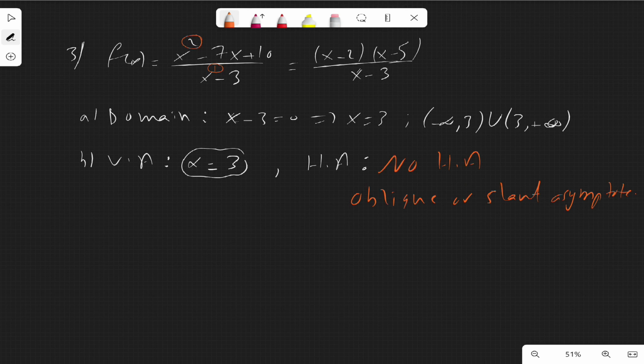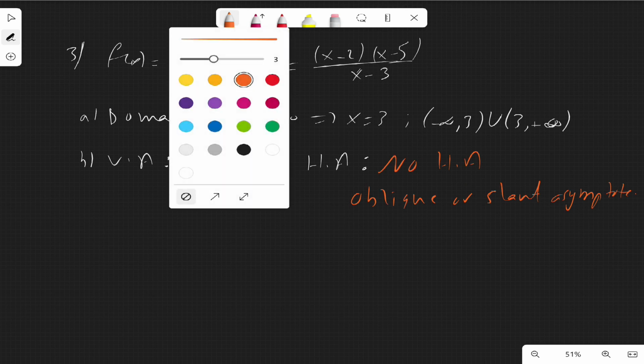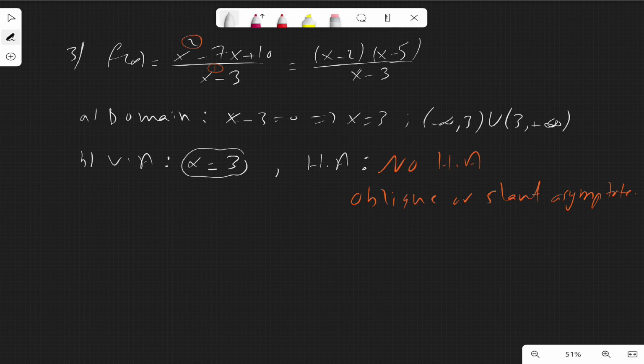How do you find the oblique asymptote? We have to divide the two polynomials using long division or synthetic. I'm gonna use synthetic. So 1, the coefficient of x squared, negative 7, the coefficient of x, and plus 10, divided by x equal 3.